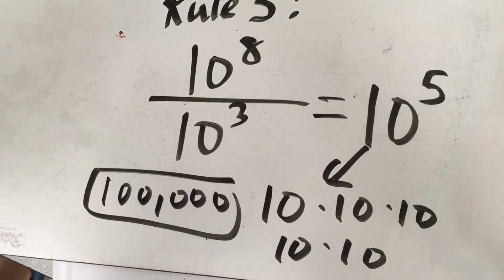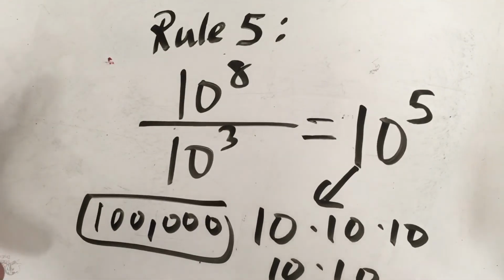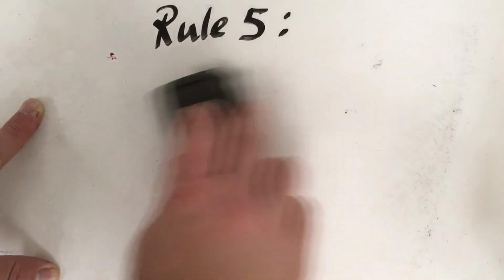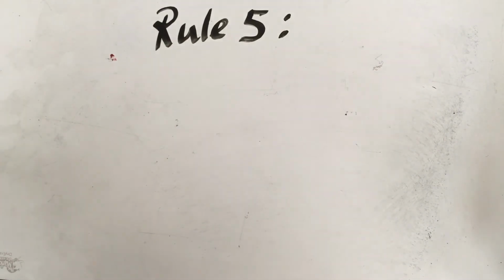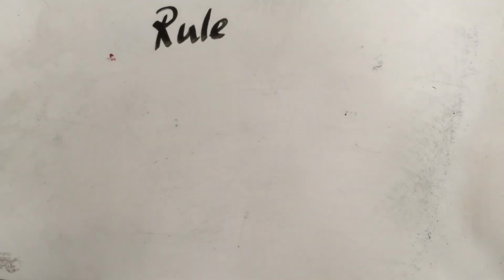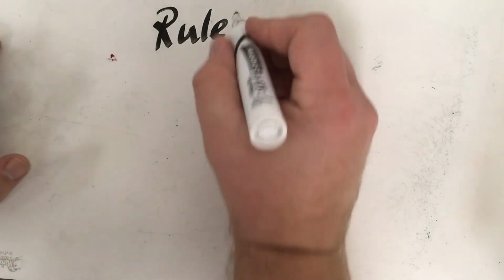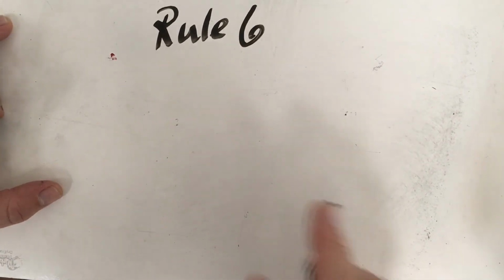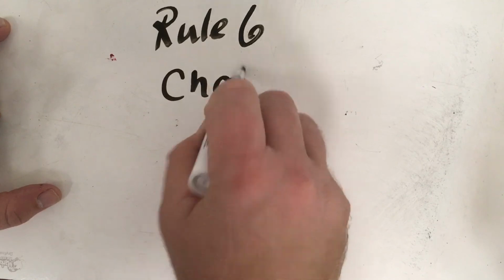All right, 5 rules so far. Rule 6. And this is kind of what I call a chain rule.